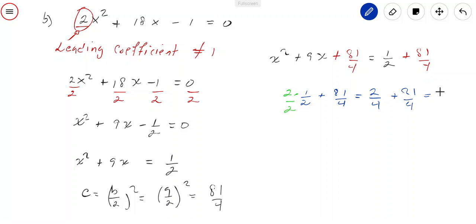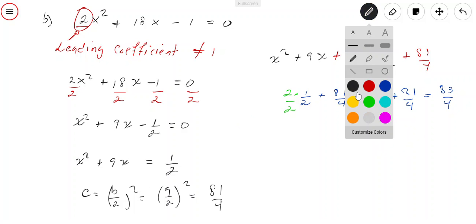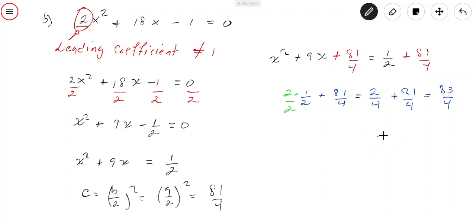So 81 plus 2 is 83 over 4. Now I know that the right side of the equation is 83 over 4.